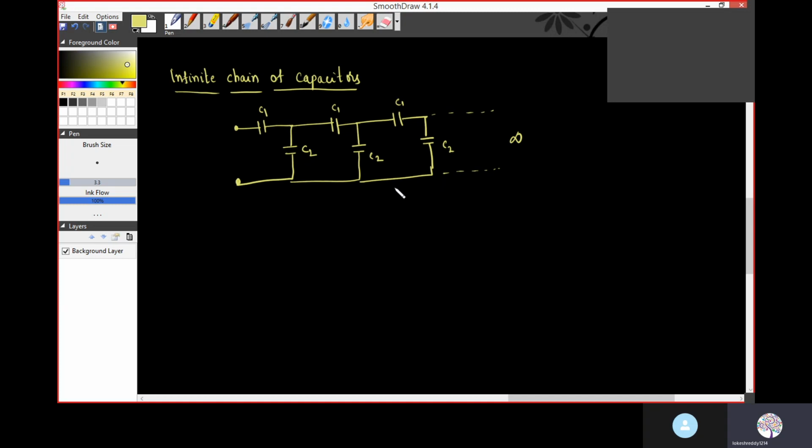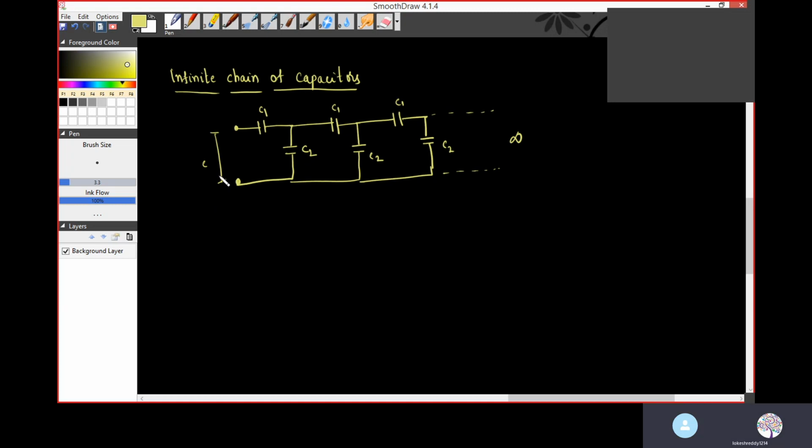So basically we solve like this. The effective I will take as C. If one chain is added to it, the capacitance won't change. So I will take it as C, and then I will calculate the effective.